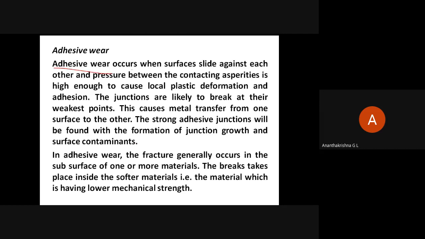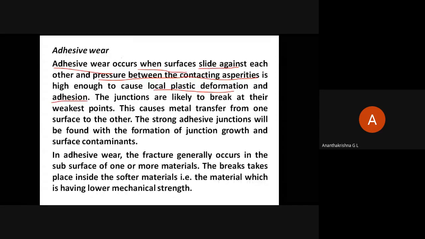Then comes adhesive wear, which occurs when surfaces slide against each other and the pressure between the contacting asperities is high enough to cause local plastic deformation and adhesion, essentially welding. We learned that asperities are microscopic undulations present on the surface of even the smoothest surface visible to the naked eye, that is, imperfections on the surface.